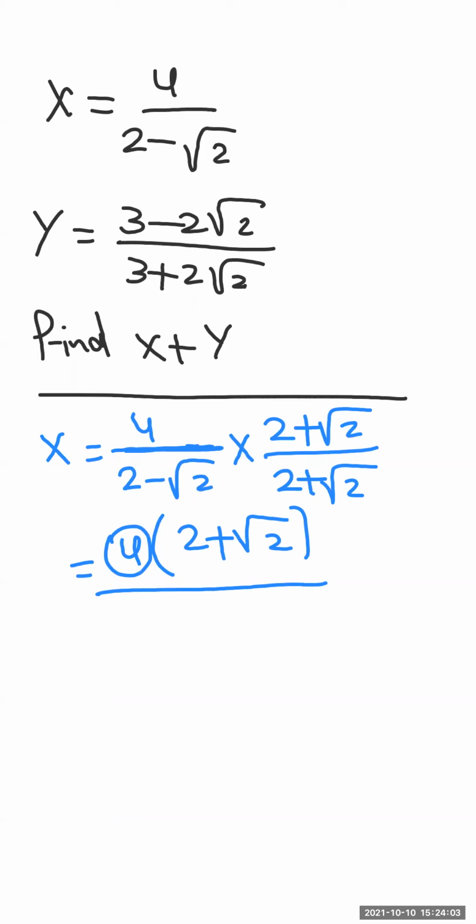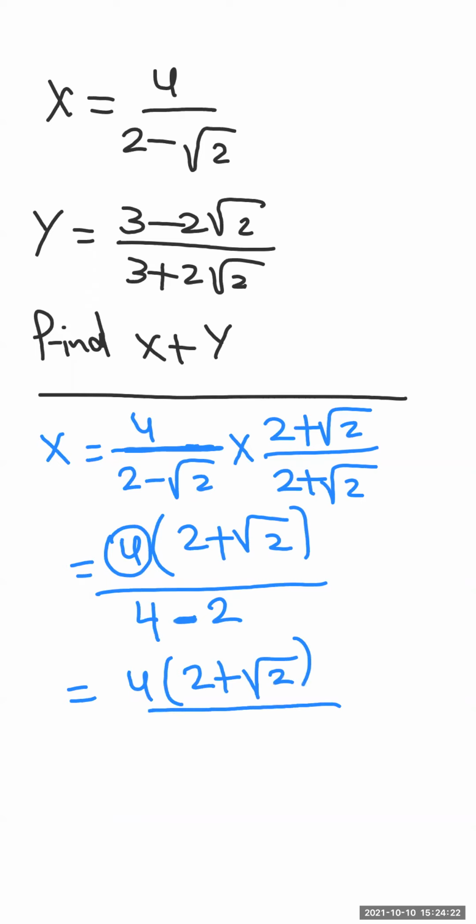Now, two conjugate numbers on the denominator means the first squared, so 2 squared means 4, minus the second squared, the square root of 2 to the power 2 means 2. So now it will equal 4 times 2 plus square root of 2 over 2.